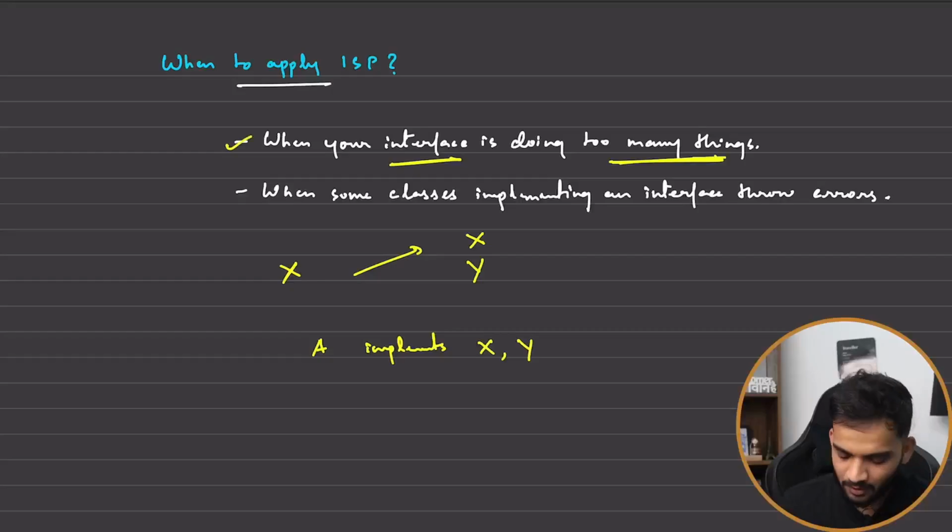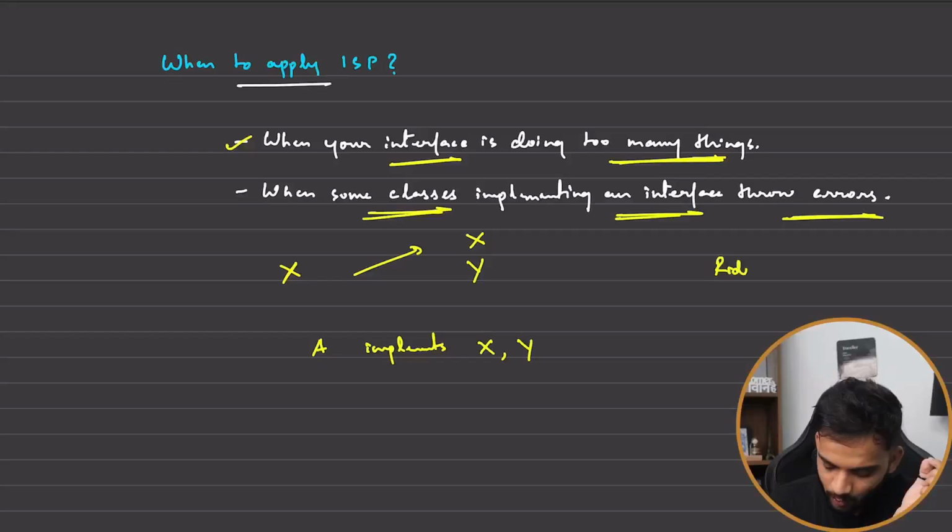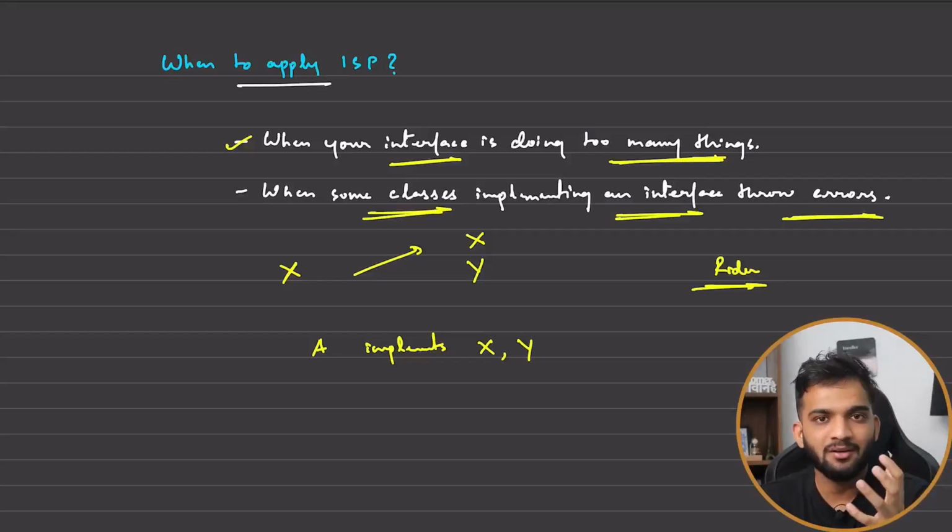Perfect. When some classes implementing an interface throw errors, as I said in the Uber example, if the rider is going to drive a car, if the rider is going to accept a ride, there's an issue, isn't it?